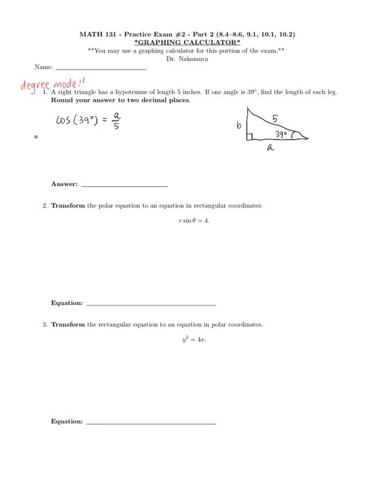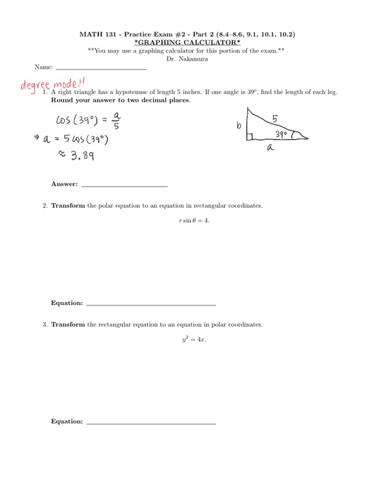So that implies that A is going to be 5 times cosine of 39 degrees. Now, if you punch that in the calculator, you should get approximately 3.89 after rounding your answer to 2 decimal places.